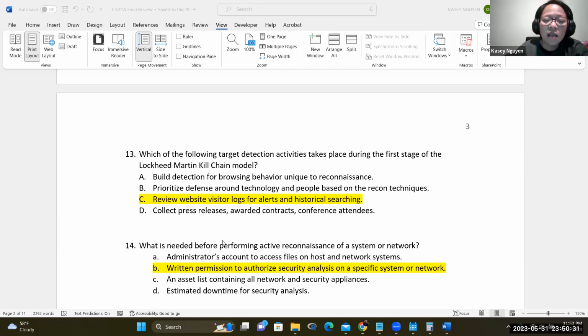So when you're looking at target detection activities for the Lockheed Martin kill chain model, we want to see what's happening via the public domain, which is normally your website, and looking at how the former alerts or historical information will be able to help us identify some of the activities in the kill chain model.